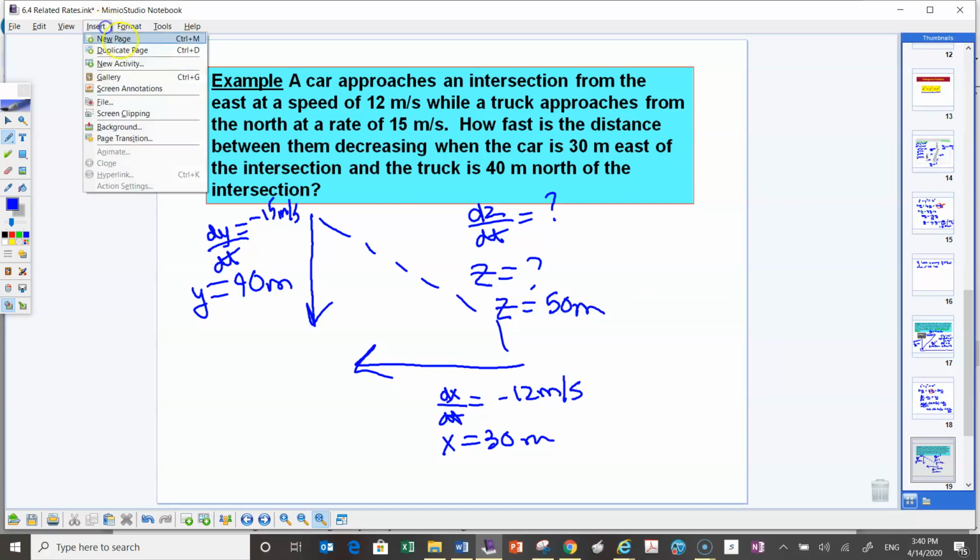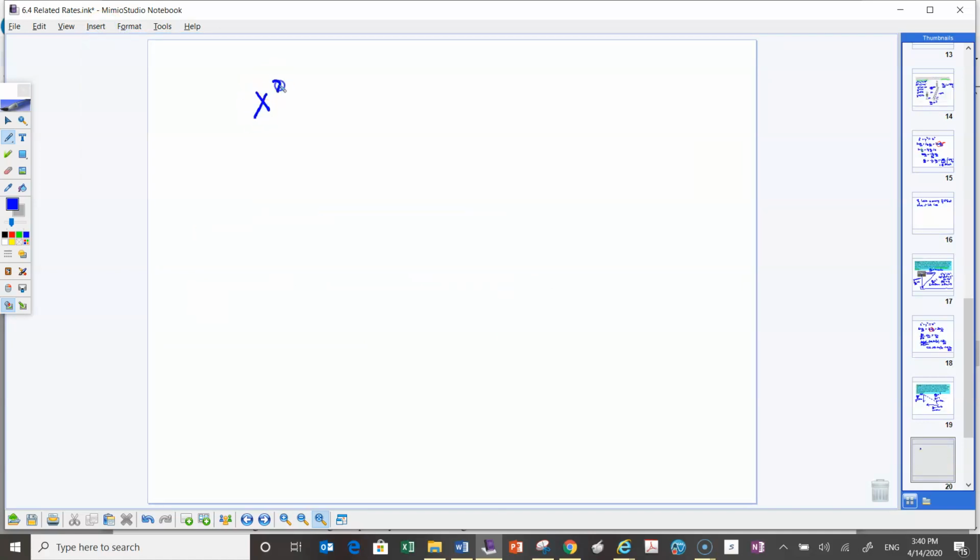So now we're going to go back to our Pythagorean theorem, and we're going to take the derivative with respect to time.